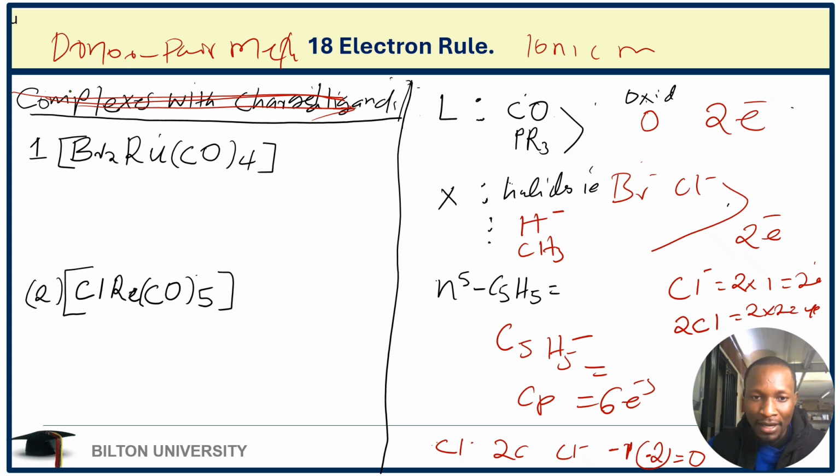If I have an overall charge of -1 from the ligands, let's say you add all the ligands and they give you a minus charge overall, it tells you that you are only going to need 1 electron from the metal. If our metal, for example, is in, let's say, D7, okay? So if our metal is in D7, we are going to need 1 electron to balance this -1, so that the overall charge can be 0.